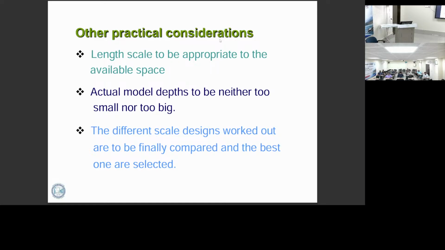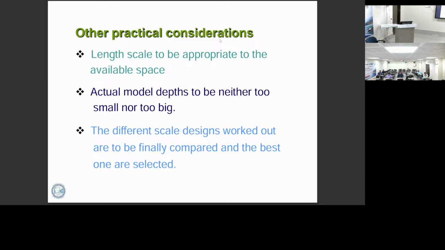Gravitational force is predominant. So you make a table of all these things: space, discharge, then tractive force, sediment particles, water. At some stage you will get criteria from this. Space is available, discharge is available, head is available, and the fourth one is sediment, tractive force.